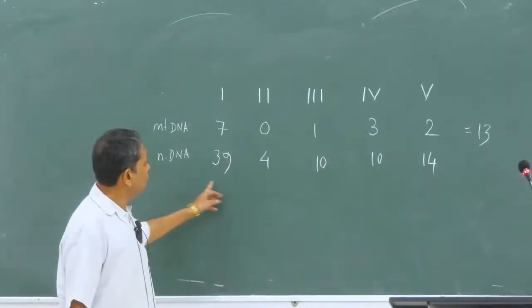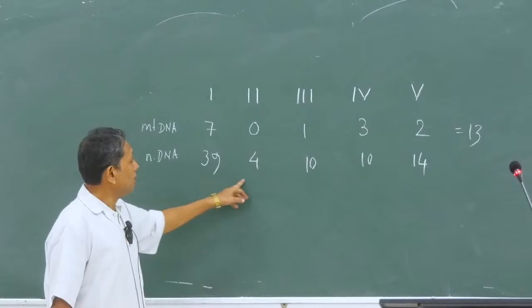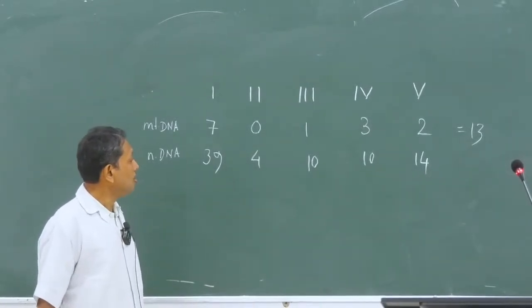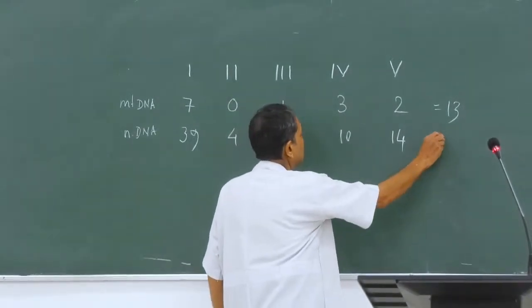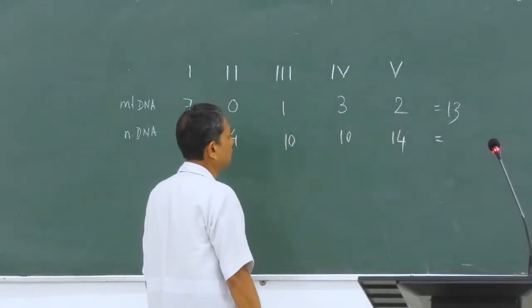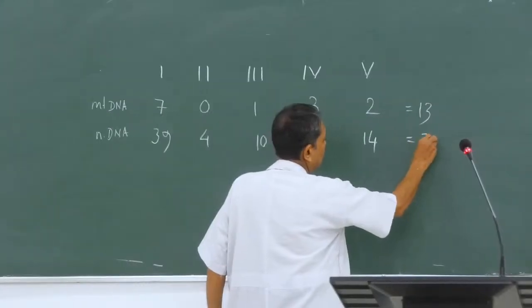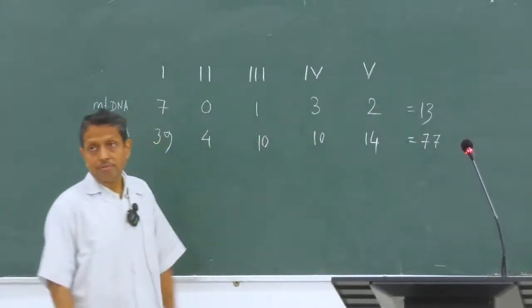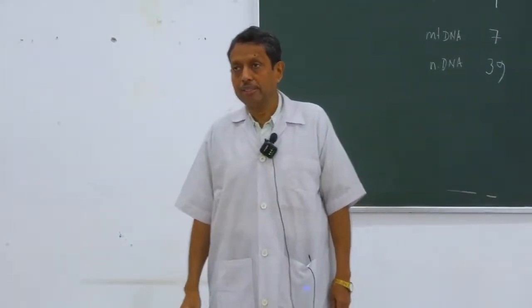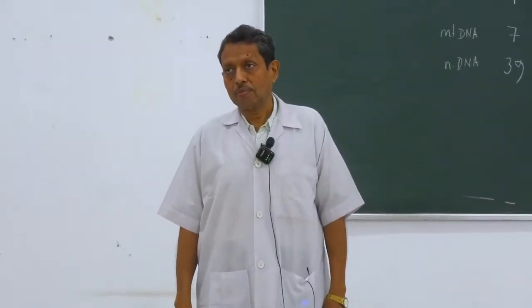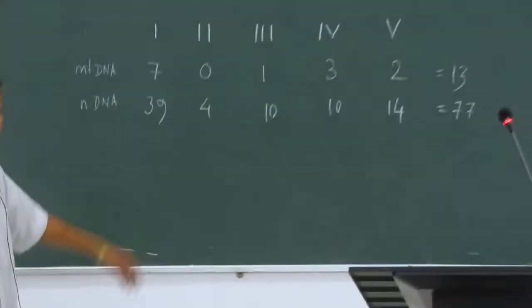And the majority is due to, you can count their number, it is 77. I may be wrong, majority by the nuclear DNA, but this is important.